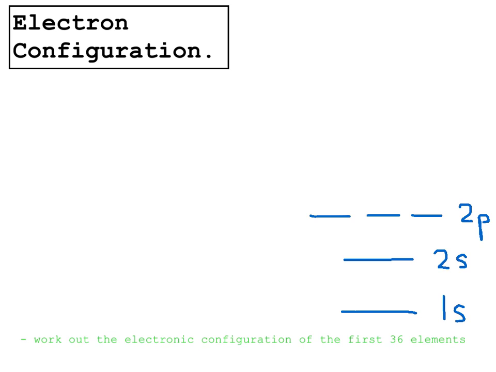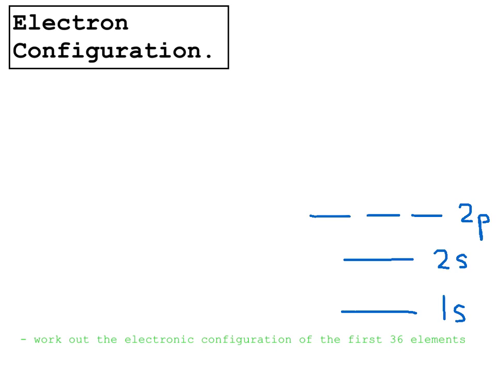The reason I've drawn them in a line is because these p orbitals all have the same energy as each other, and so we just draw them in a line to represent that. The reason that's significant is that if we were putting just 1 electron into one of these 2p orbitals, it wouldn't mind which one it was in, because they're all the same energy. However, if we're putting more than 1 in, then something different happens, which I'll show you in a second.